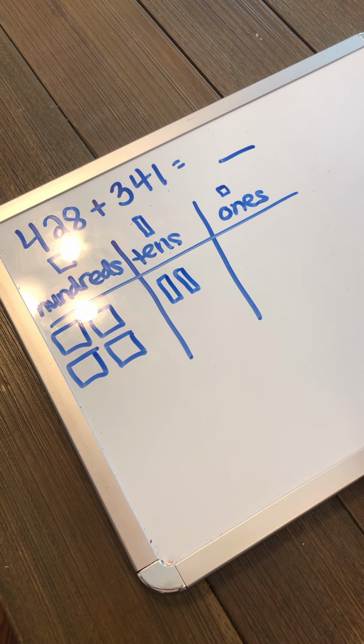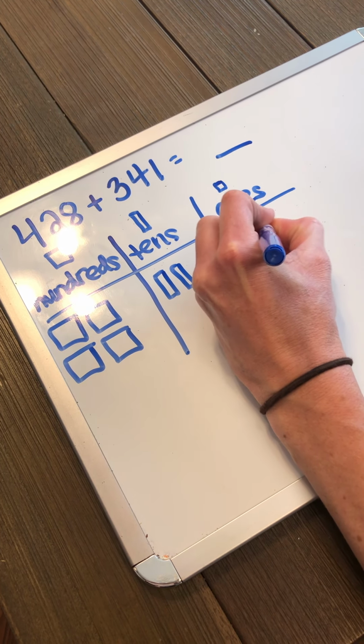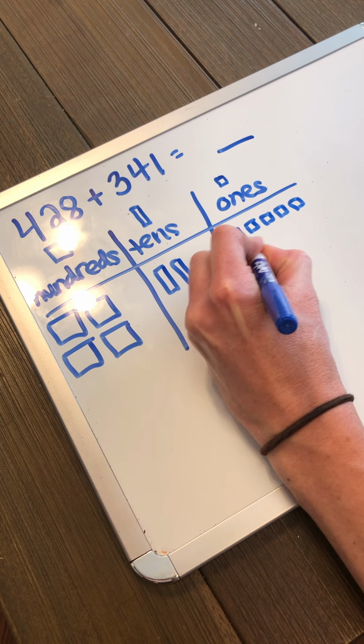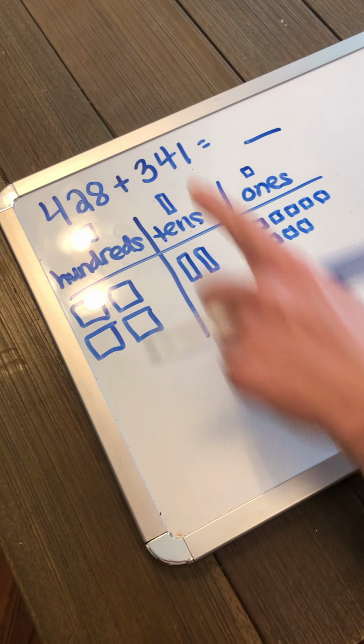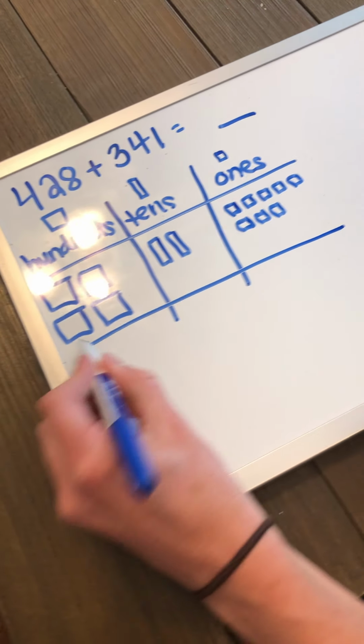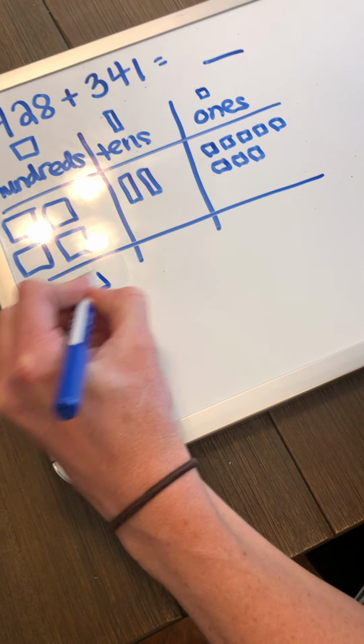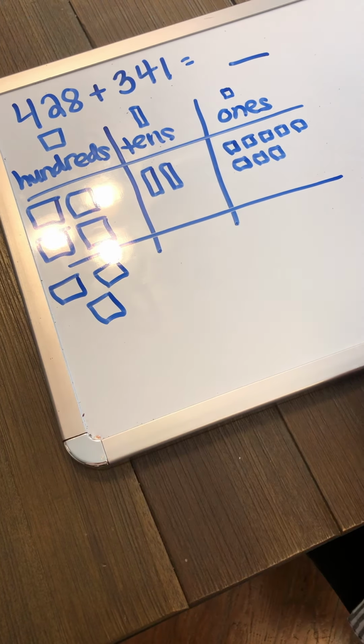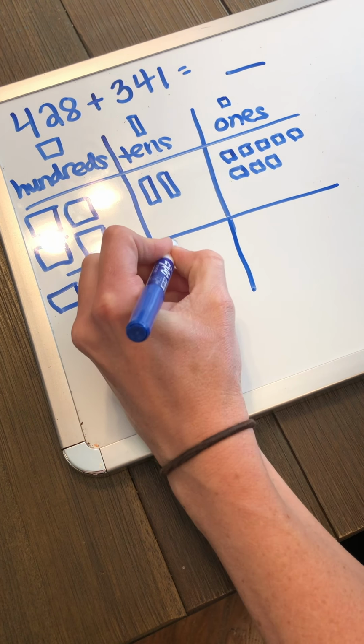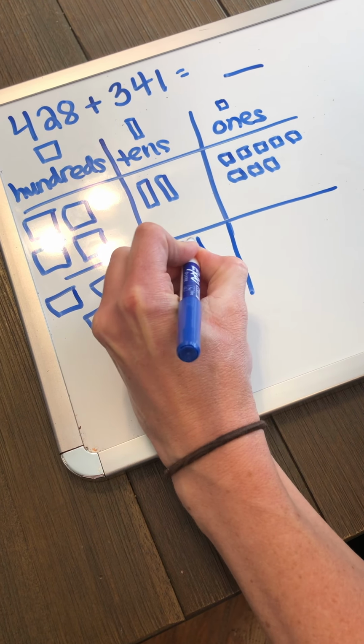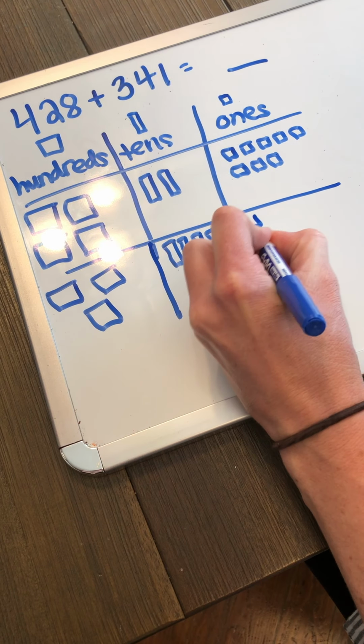I've got 20 represented. And now I am representing my 8 ones. For 341, my second add-in, 100, 200, 300, 40, so I need 4 tens, and 1 one.